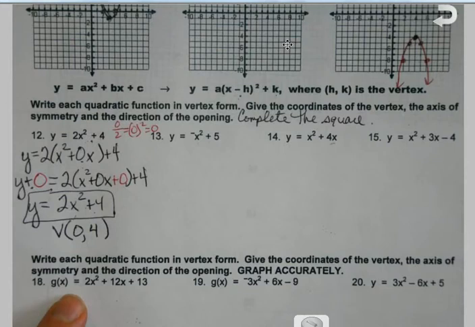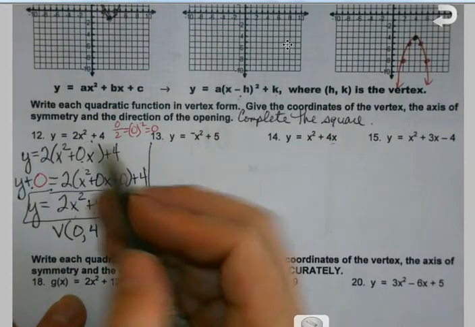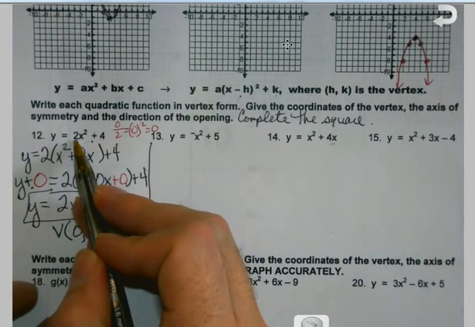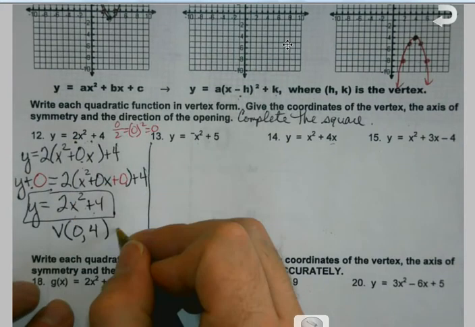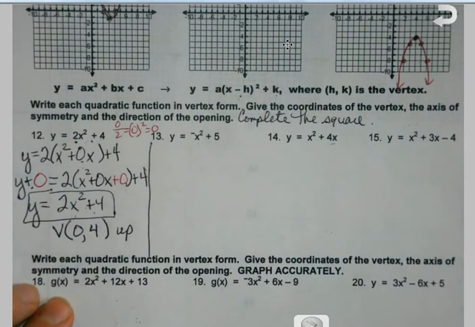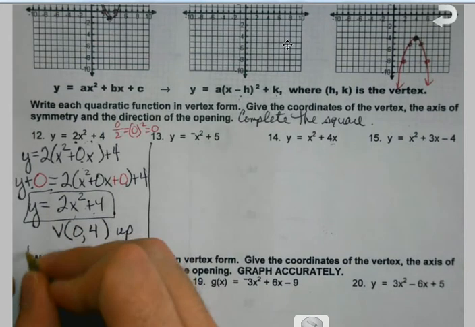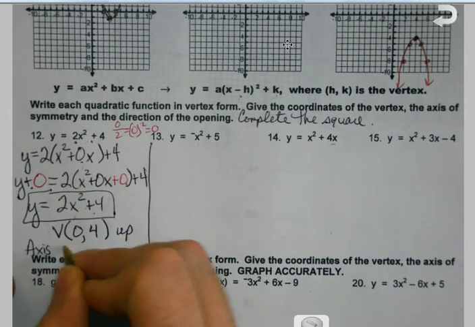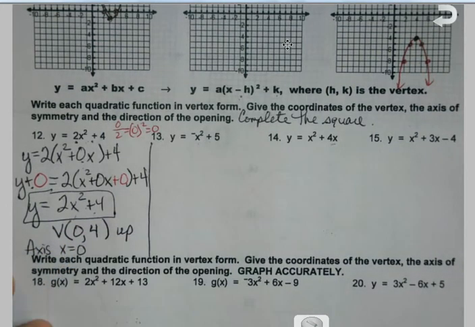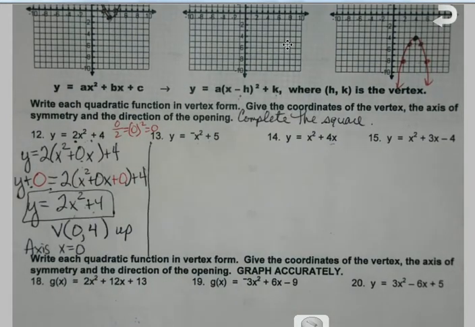And as we've talked about before, my a value is 2, it's positive. So this quadratic is going to be opening upward. And my axis of symmetry is going to be at 0. But again, if you don't have an x term, there isn't going to be any change with these. So my vertex form will just be what it is already.